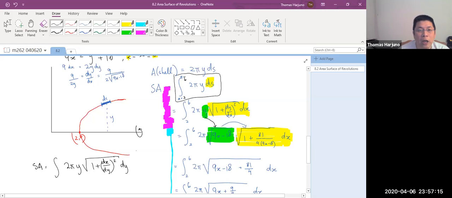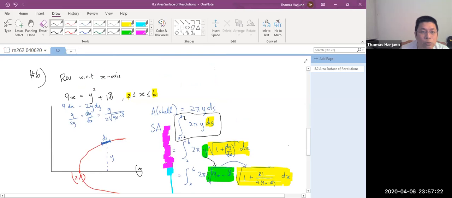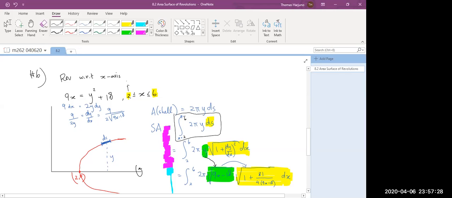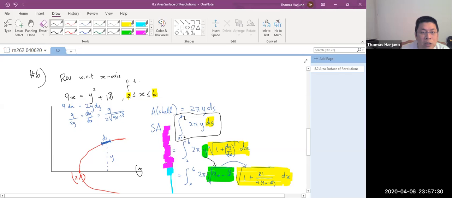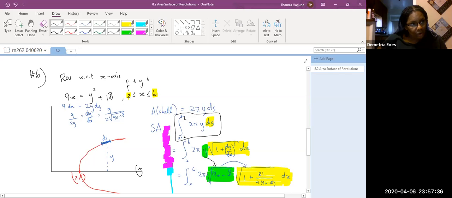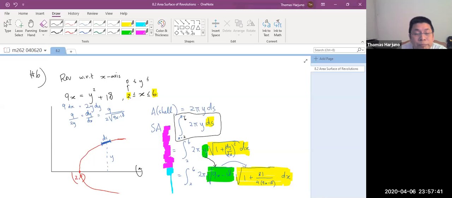Okay, and then let's take a look. When x equals 2, the y is 0. When x equals 6, the y is... hold on.